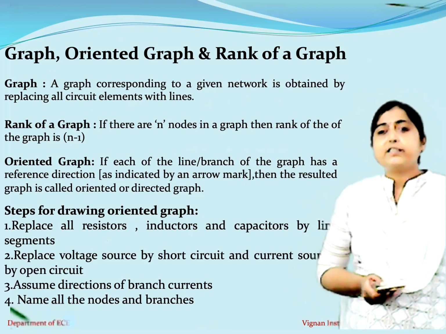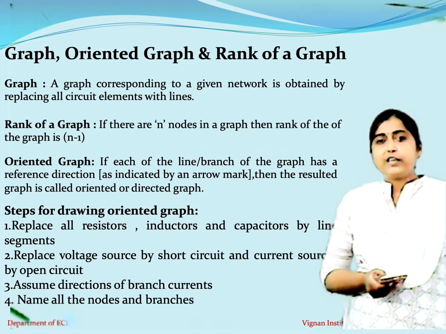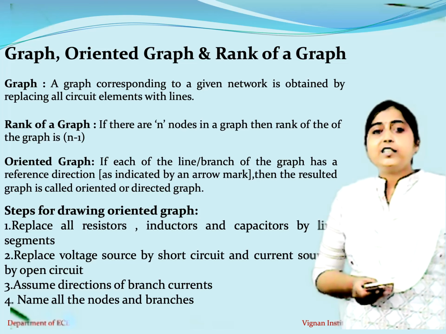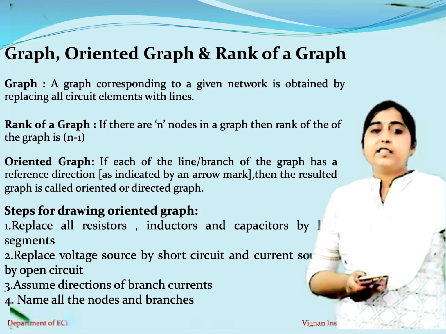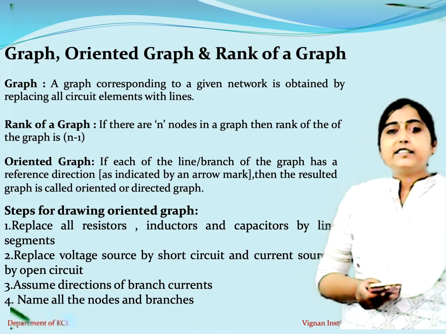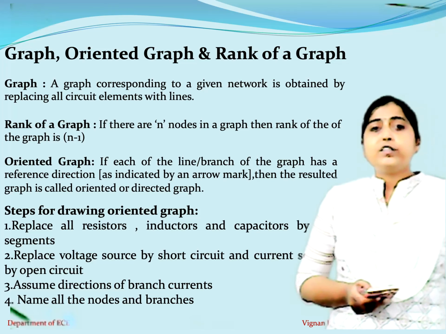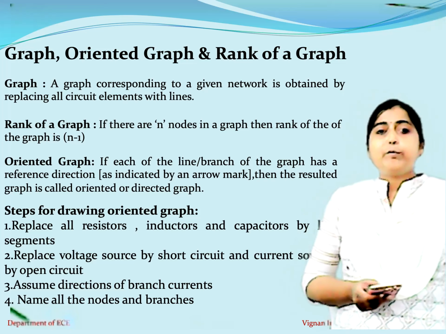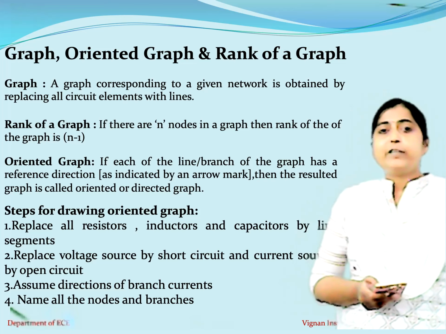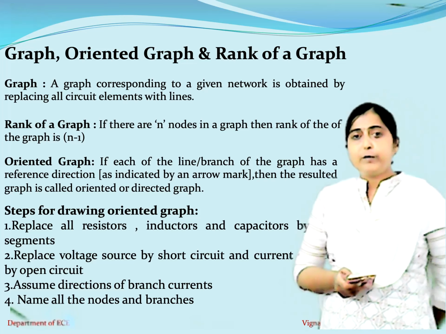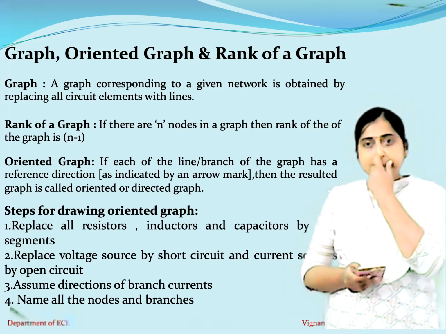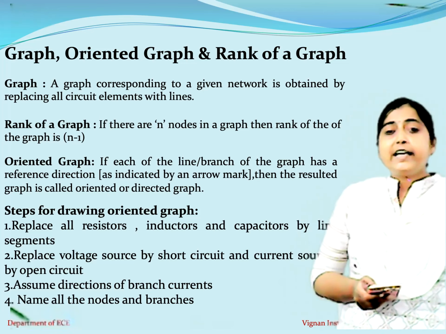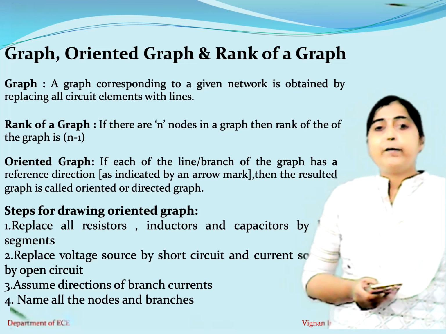Now let us try to understand each term associated with network topology one by one. Let us first define what a graph is. A graph corresponds to a given network and is obtained by replacing all the circuit elements with a line. Please remember that a network graph is a replacement of all the elements in the circuit with a simple line.